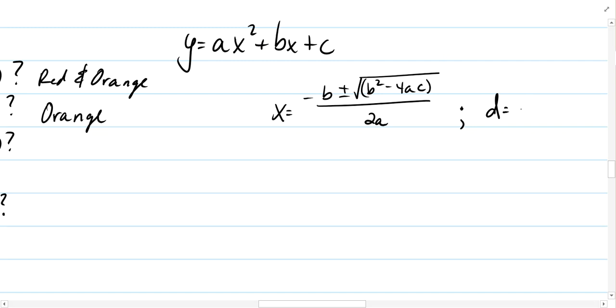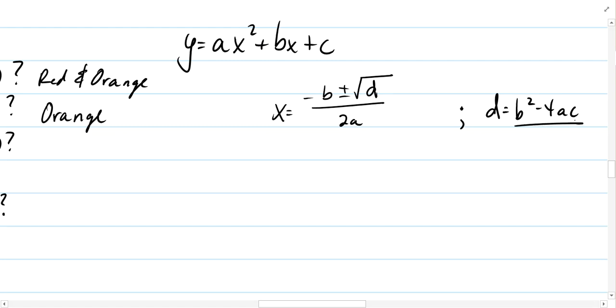The discriminant d is b squared minus 4ac. In fact, when I teach my Algebra 2 students, I teach them to use the quadratic formula that looks like this, where x is equal to the opposite of b plus or minus the square root of d divided by 2a, and then we memorize the secondary equation, d equals b squared minus 4ac.